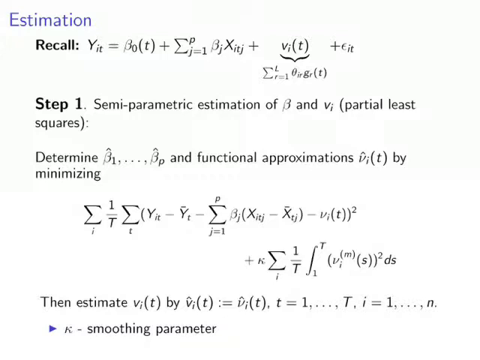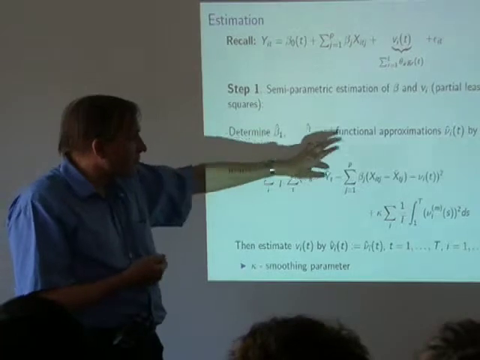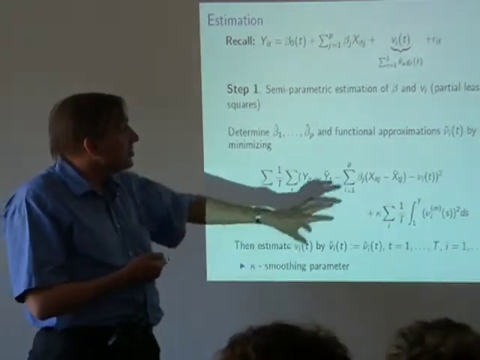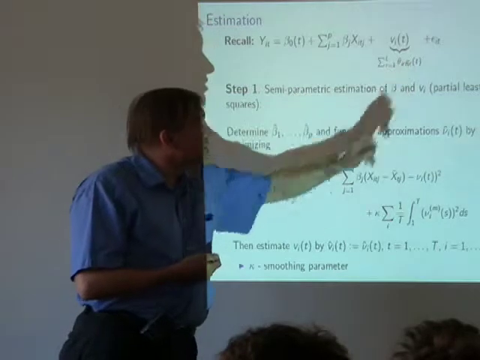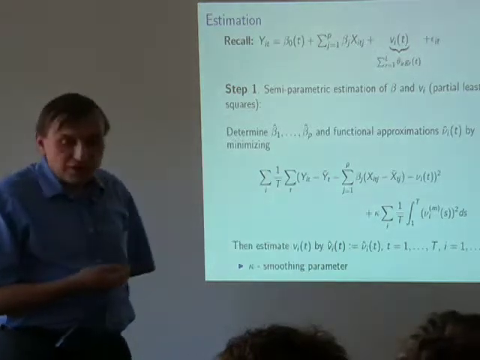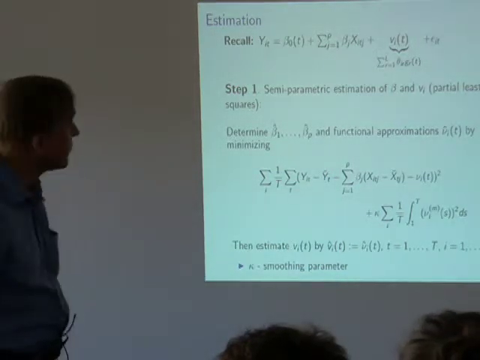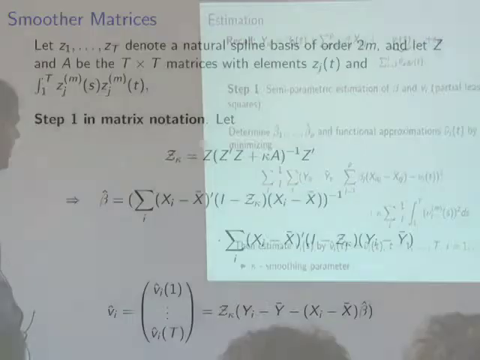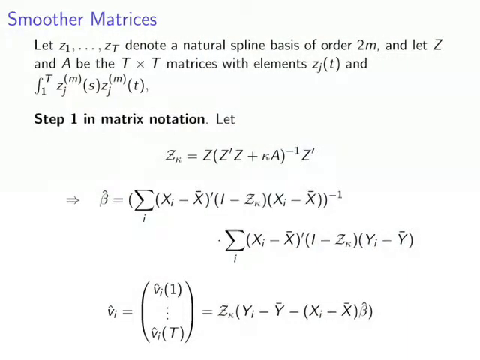And then we estimate the values v_i at the time periods by just evaluating our estimate mu_i of t at t is 1 to capital T. The only important point to keep in mind is that later on we want to retrieve g from sigma, and usually in order to get good estimates of the g, it's necessary to use undersmoothing kappas. Okay, this gives you estimates of the betas and of the v_i hats.